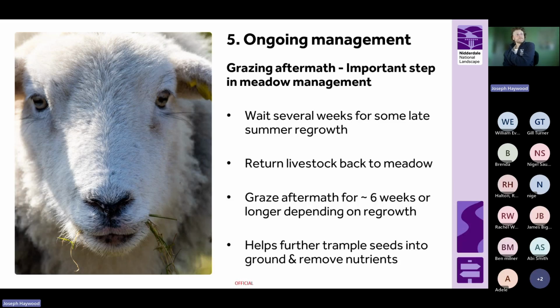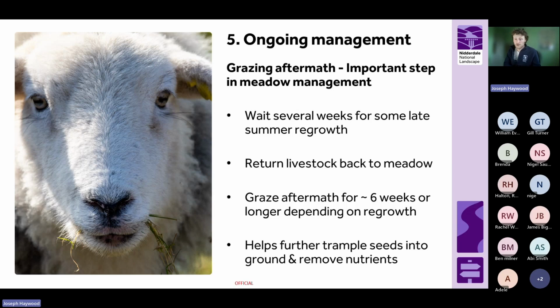As I said, you've mown in August. August to September it's still warm, the back end of summer, so you're still going to get some good growth, compared to December to January, where vegetation growth is going to be drastically reduced. So removing this aftermath vegetation is pretty important.